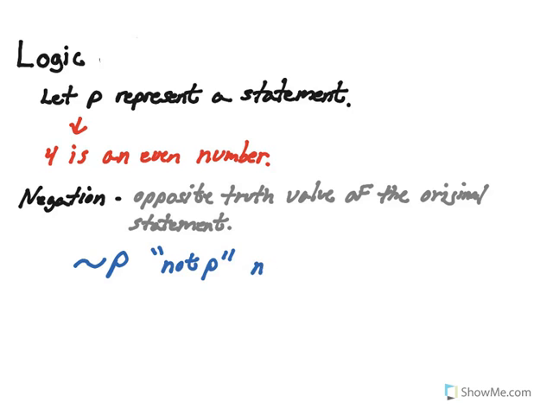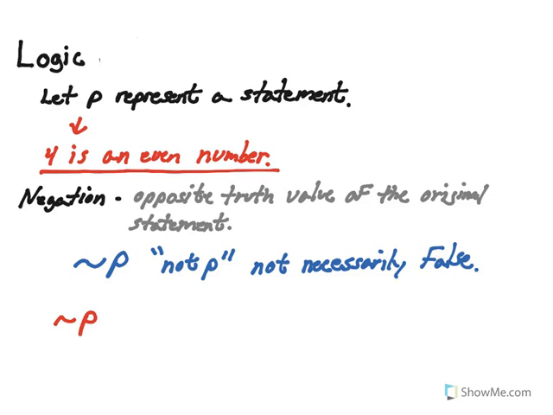Now, when you negate a statement, it's really important to keep in mind that it is not necessarily false. Just because you negate a statement, it does not make it automatically false or not true. So if we take the negation of 4 is an even number, keep in mind that 4 is an even number is the original statement P, right?